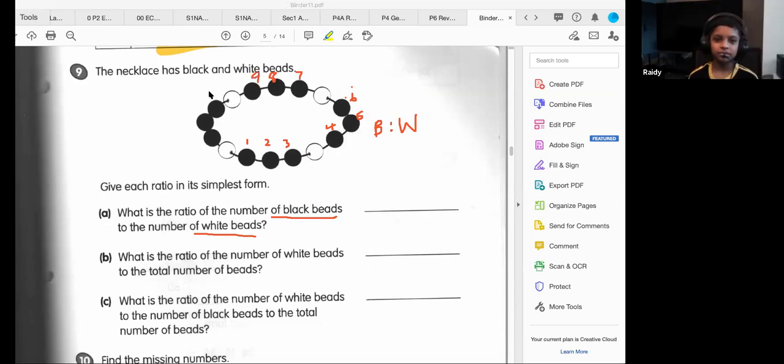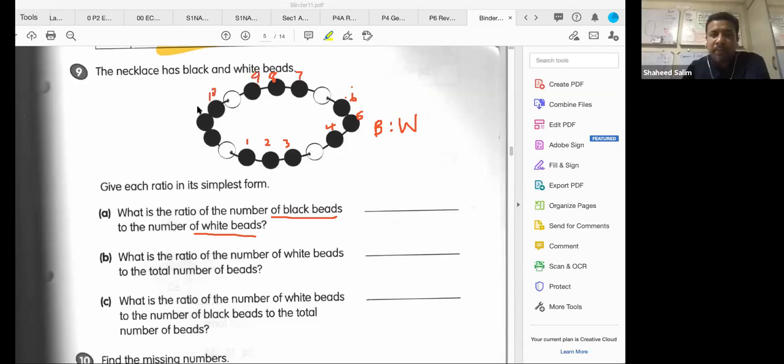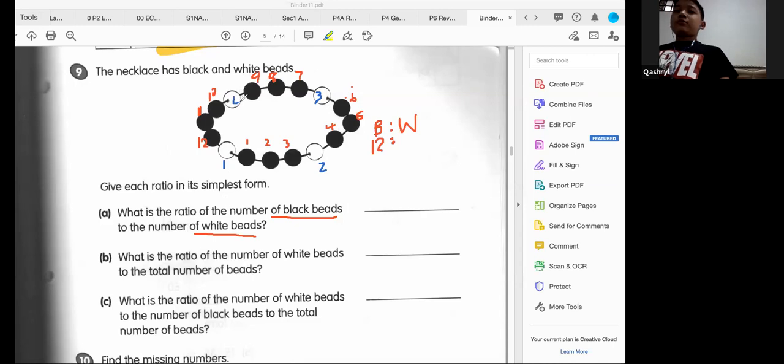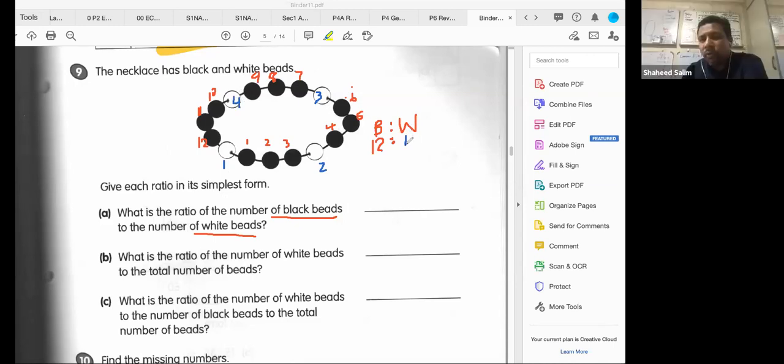Some students might not be able to see, so I need to label so that no one is confused. You see, there's 12 black beads. So below the B, I write 12. And then I use the colon. Colon is the 2 dots here. And then I must count the white beads. So there's 1, 2, 3, and 4. So we put the ratio 12 is to 4 here.